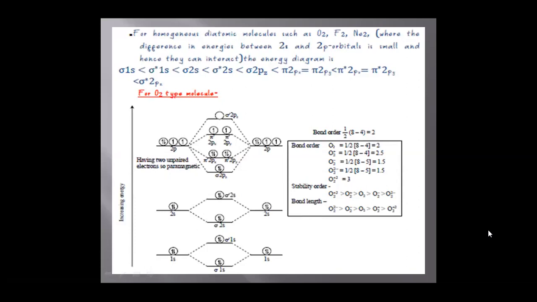Bond order is found to be 2 in the case of the oxygen molecule, and the molecule is paramagnetic in nature. This is because there are 2 unpaired electrons present in the anti-bonding molecular orbitals.